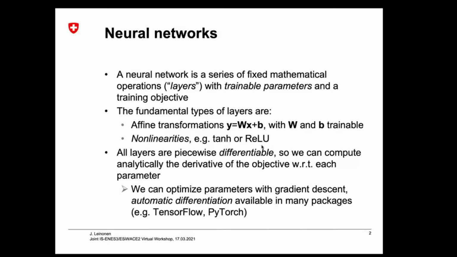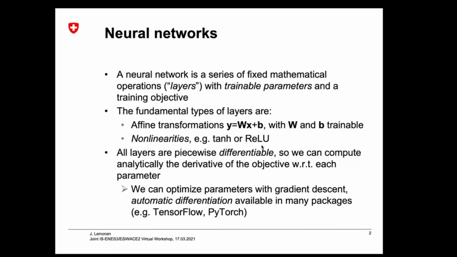And for these layers, but really for all layers that you put into a neural network, one fundamental property is that they are differentiable, or at least piecewise differentiable. So we can compute analytically the derivative of the objective with respect to each trainable parameter. And this means that we can optimize these parameters using gradient descent.